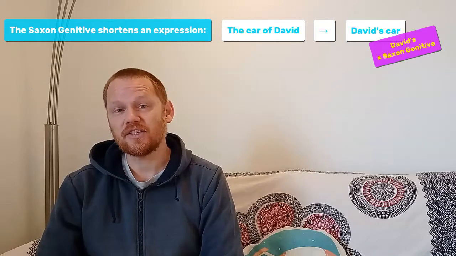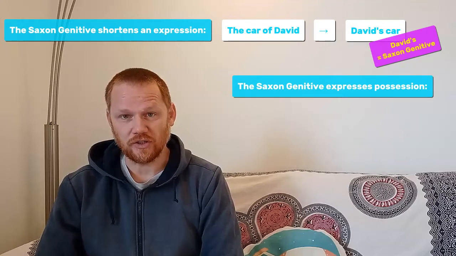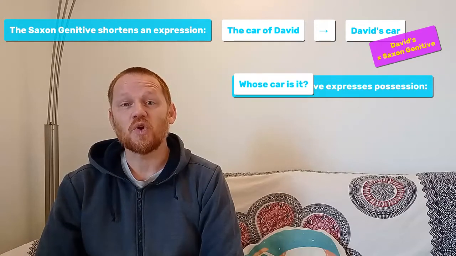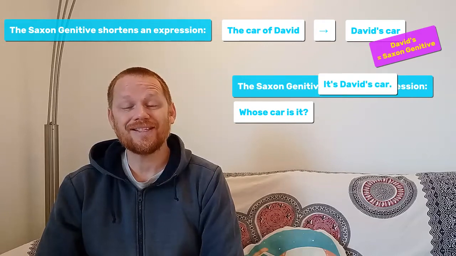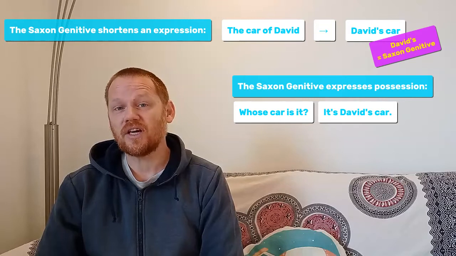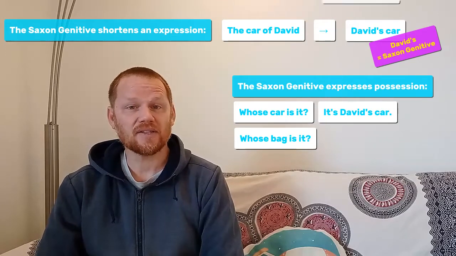Now, when do we use this Saxon genitive? Well, basically we express a possession using the Saxon genitive. Okay? So whose car is this? It's David's car. Okay? Other examples. Julia's bag. Whose bag is this?